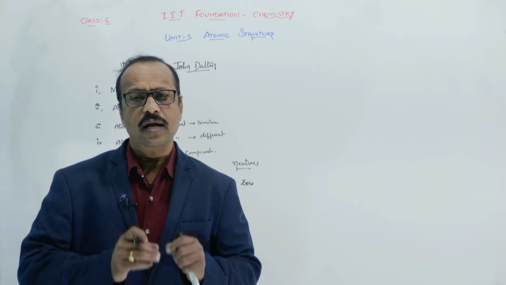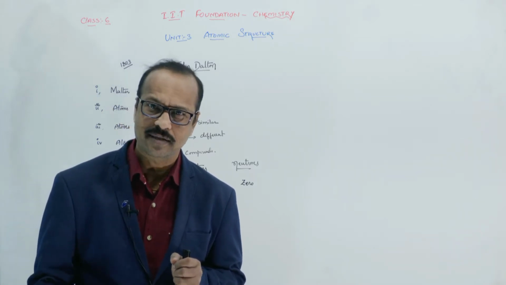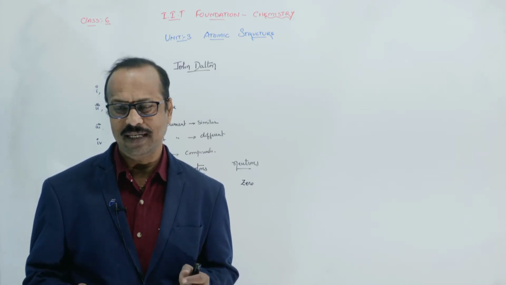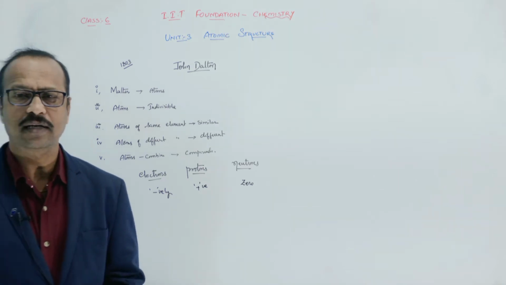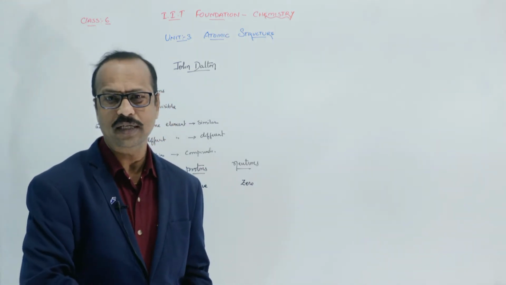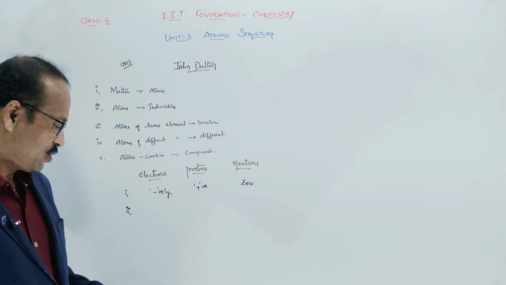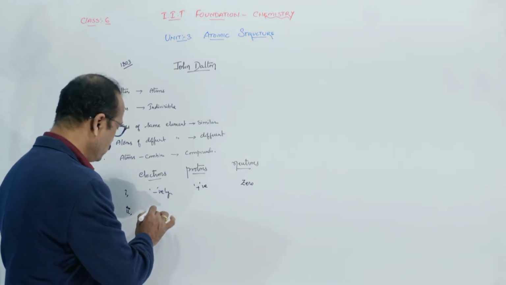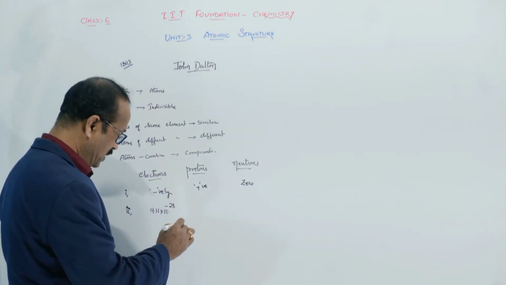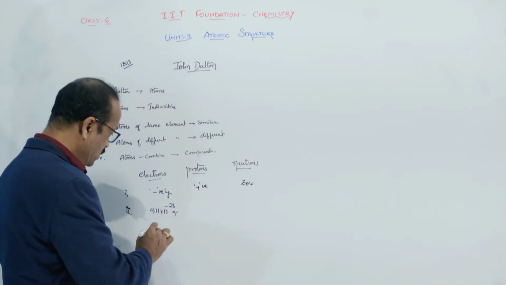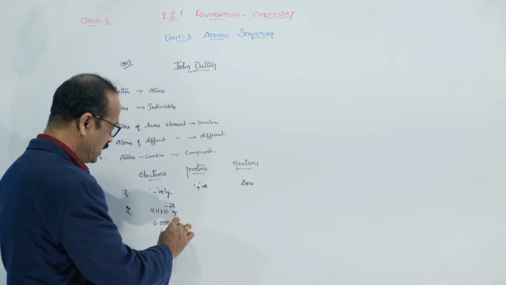Negligible means compared to the mass of the atom, it's very less, so we don't consider it. But as science and technology developed a lot, scientists also calculated the mass of the electron, and it is 9.11 into 10 to the power of minus 28 grams, or we can write 0.000584 AMU.